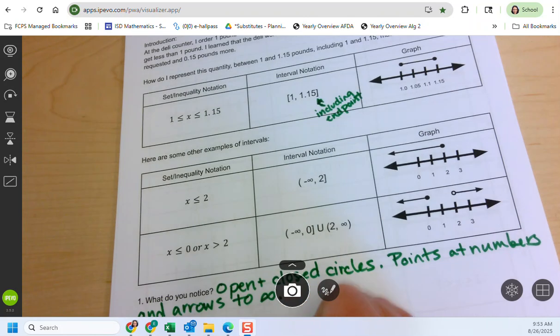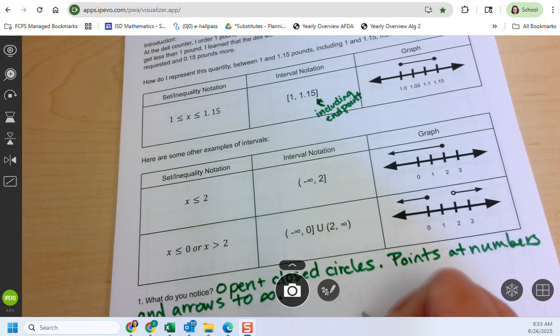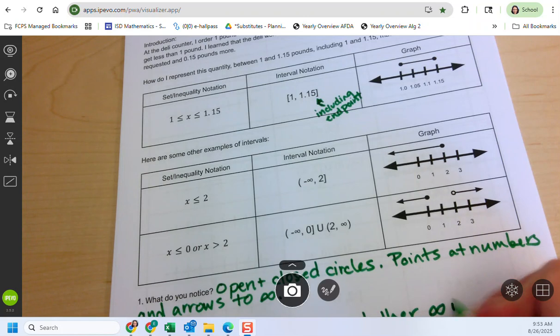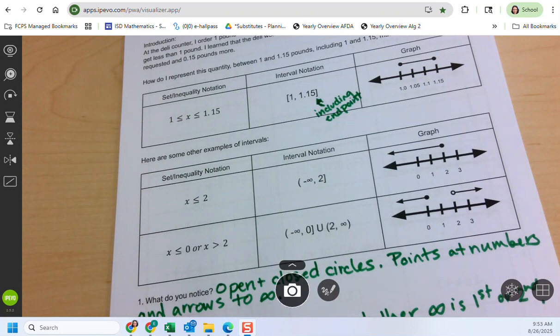What dictates whether the infinity is first or second? And we will answer that. That's a good question. Either of you.